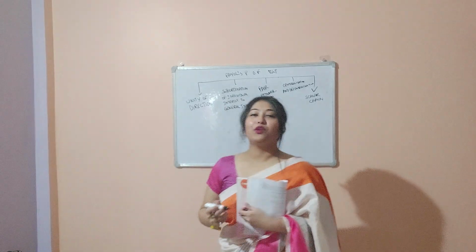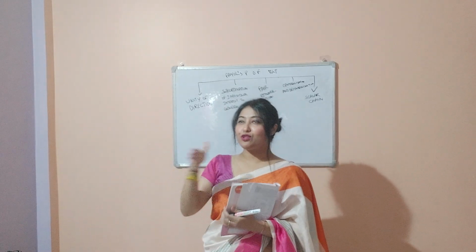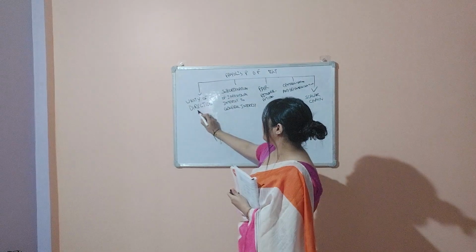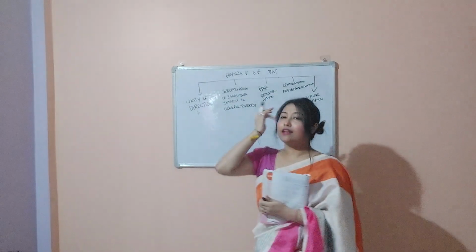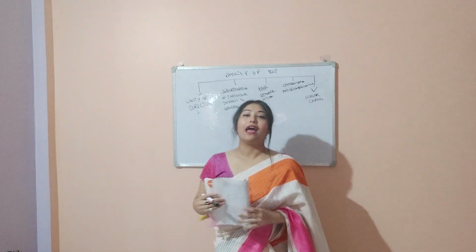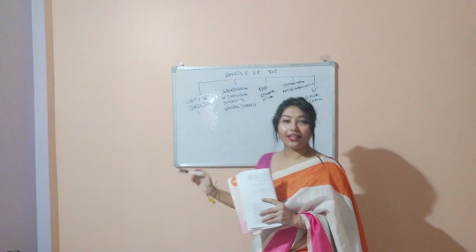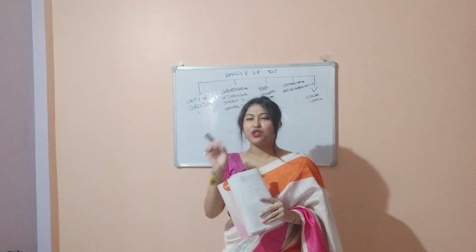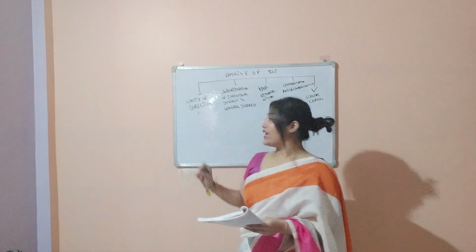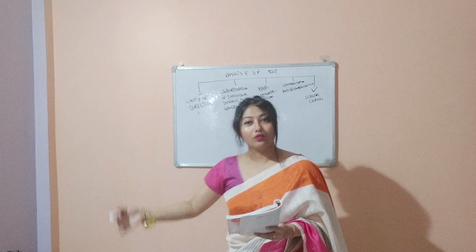Unity of direction. What do you mean by direction? Unity means togetherness and direction means to show a way. Unity of command is where one superior guides all the subordinates to work accordingly. Unity of direction is the same, with a little difference: in unity of direction there is one head and one plan with common goals.